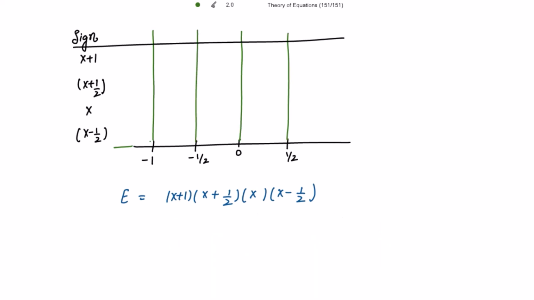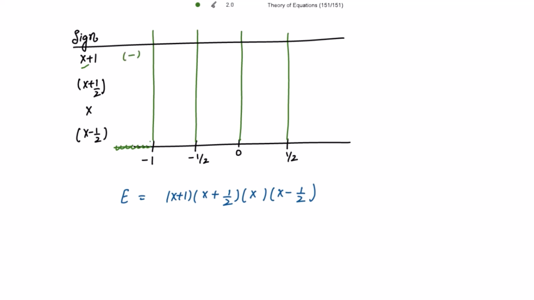Let's check what sign I'm getting for the factors for the values of x which are less than negative 1. What sign is given to this factor x plus 1? For the values of x less than negative 1, it is negative, yes.